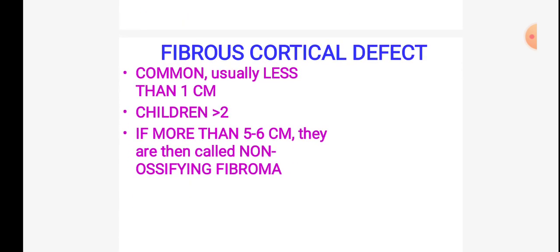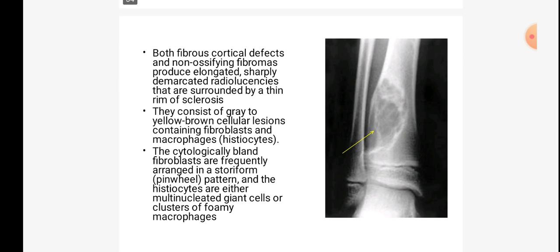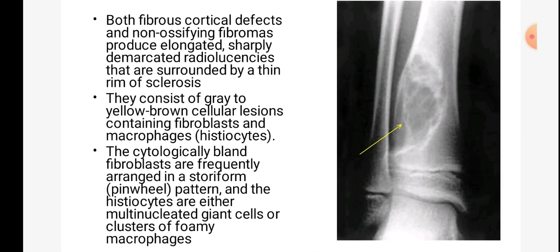You should be aware of the names, the ossifying fibromas and all that, but they are not commonly asked at the undergraduate level in the exams.